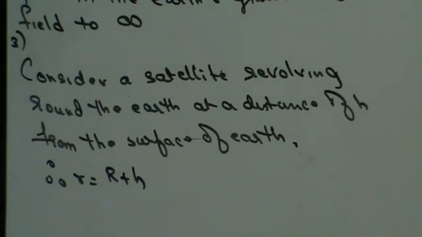Now, if this satellite is moving, it is going to possess both kinetic energy as well as potential energy. Let us try to find out the potential energy possessed by such a satellite.